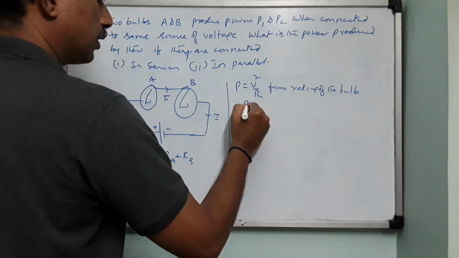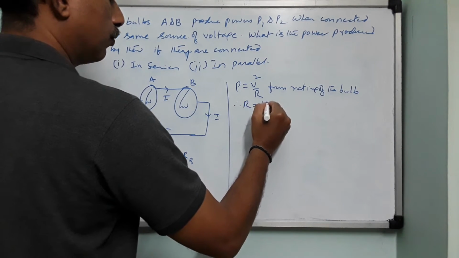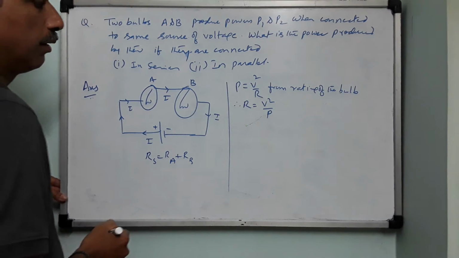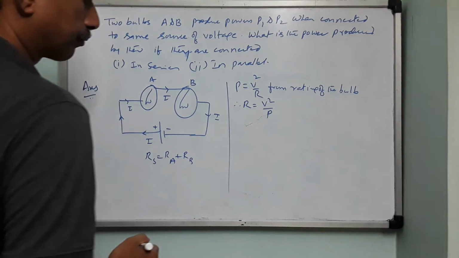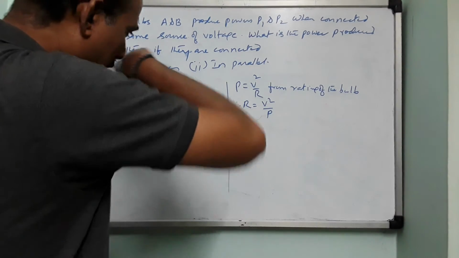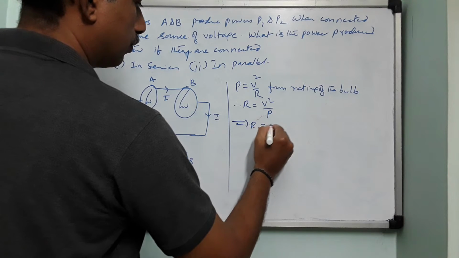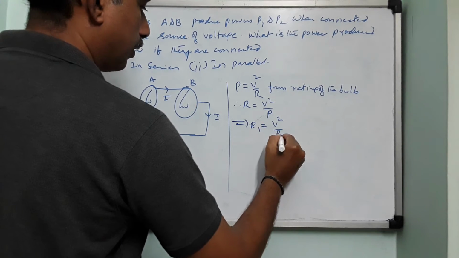Therefore, the resistance of the filament of the bulb, R equals V square by P. I am rearranging the things.